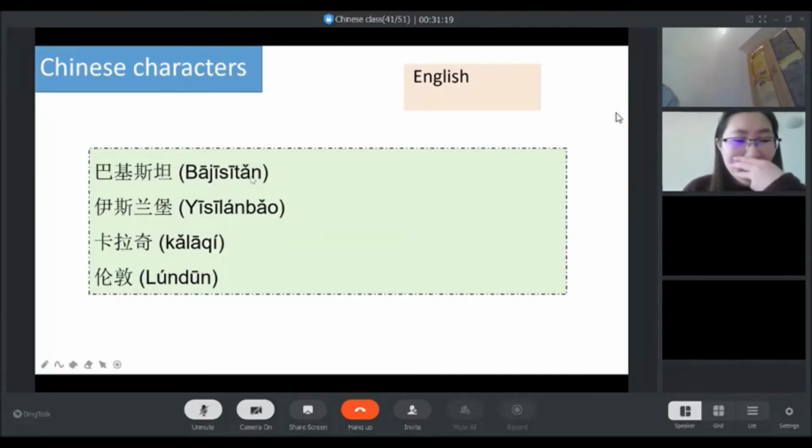And the second one, 伊斯兰堡. Do you know which city this is? Islamabad. Yes.